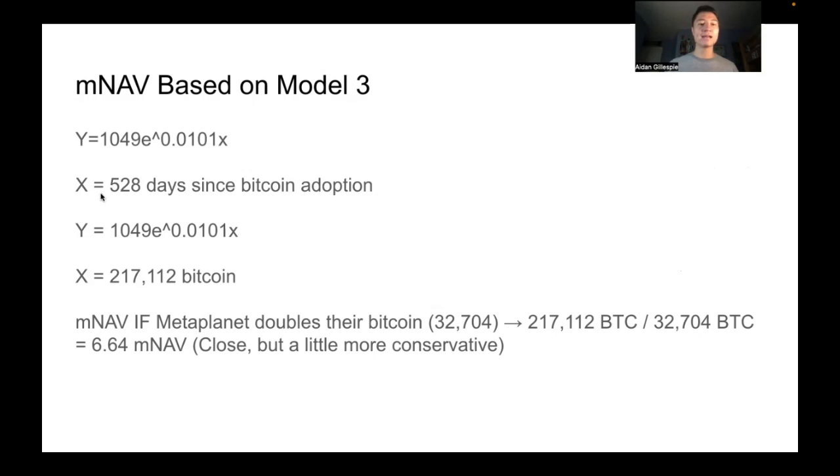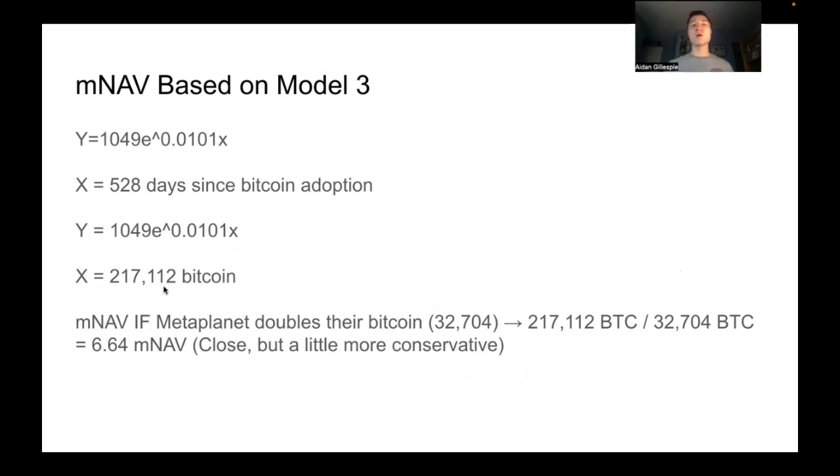And we know that X equals 528 days since Bitcoin's adoption. That's when the fourth peak in MNAV is expected to be. So we can just plug that number in for X right over here, and when we solve that, we get 217,112 Bitcoin.